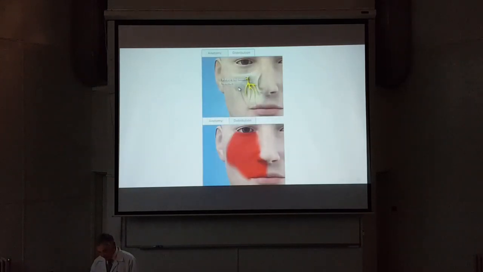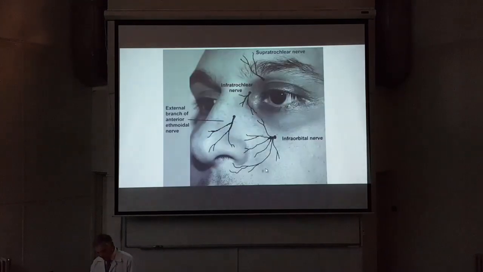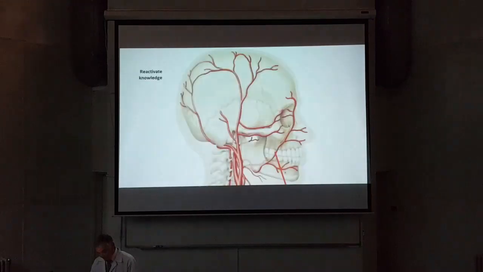If the maxillary is involved, this is an infraorbital nerve, then the patient is going to say, I have pain in these areas. These are the nerves supplying the face, and we will be going through this when we talk about terminal branches of trigeminal nerve.